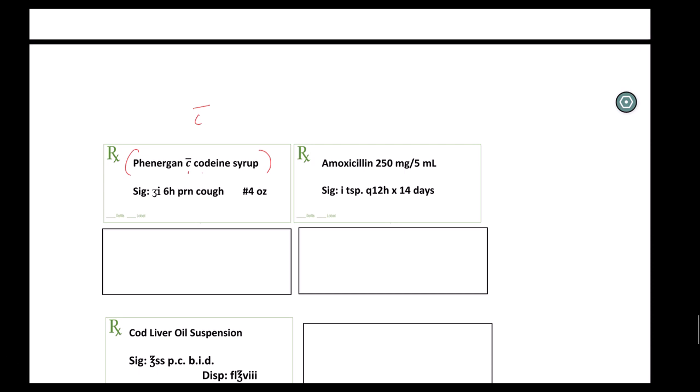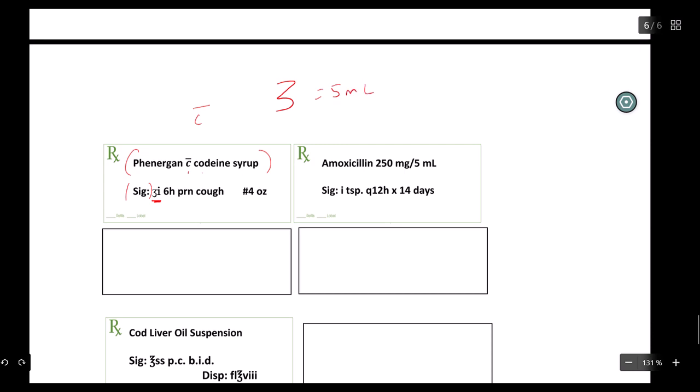Here we have SIG, and we're looking at something that is an abbreviation for a fluid ounce. You will be looking at that fluid dram that we see in this case right here. So this right here, when it's written in the SIG of a prescription, will be interpreted to equal 5 mLs.